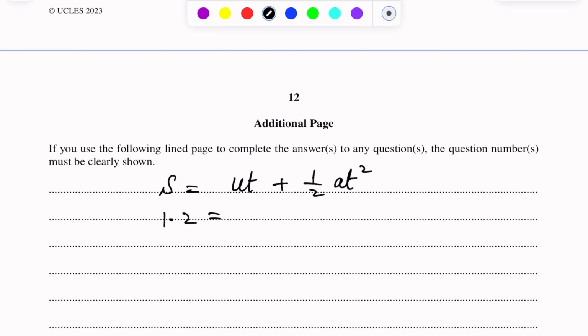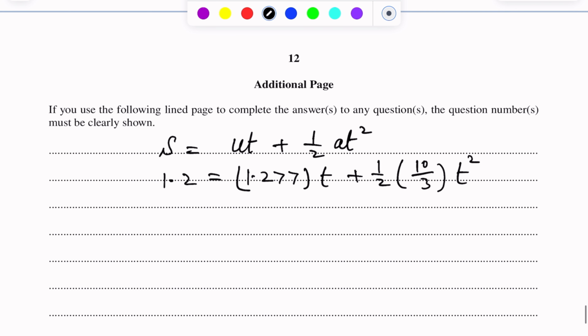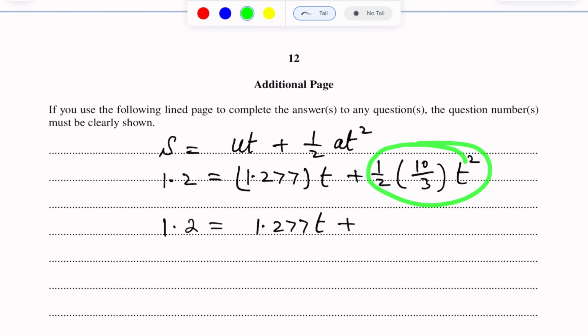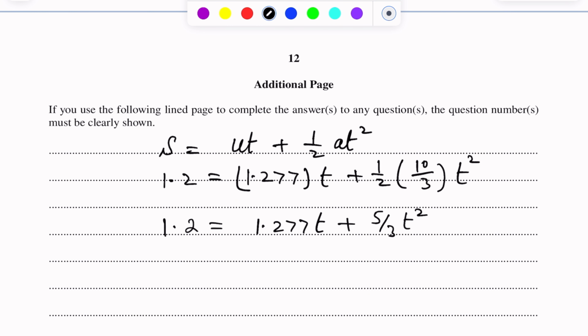Initial speed is 1.277 into t plus 1 over 2, acceleration is 10 over 3 t square. Now we will simplify it. 1.2 is equal to 1.277t plus 5 over 3 t square.